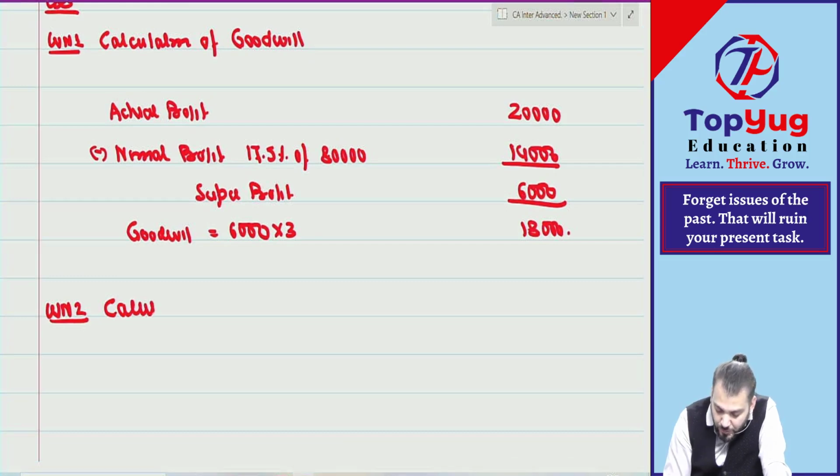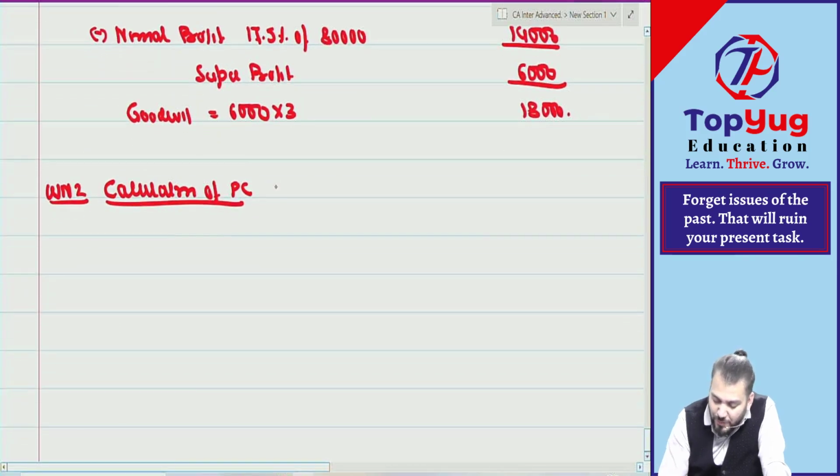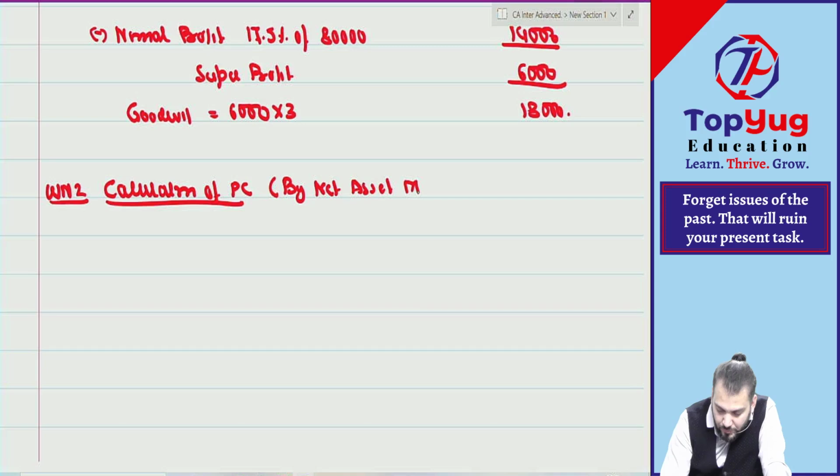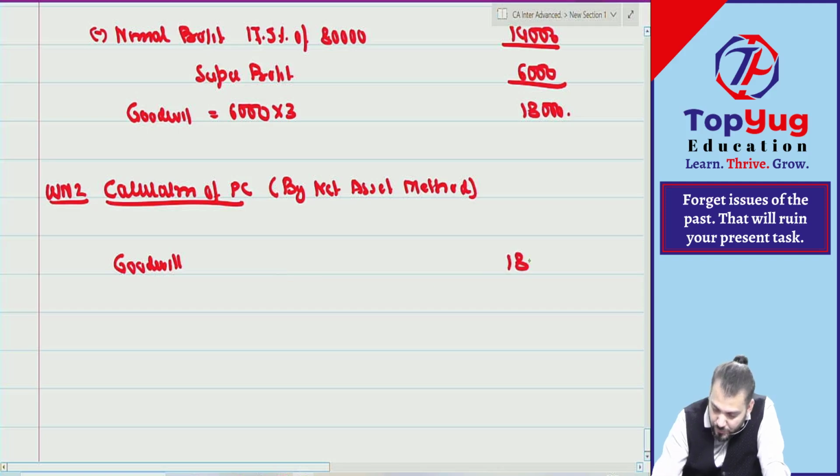PC is not given now. Calculation of PC by using which method? By net asset method, because payment information is not given. Tell me, can we start with goodwill? Goodwill how much? 18,000. All other assets, can you give me all other assets at book value?